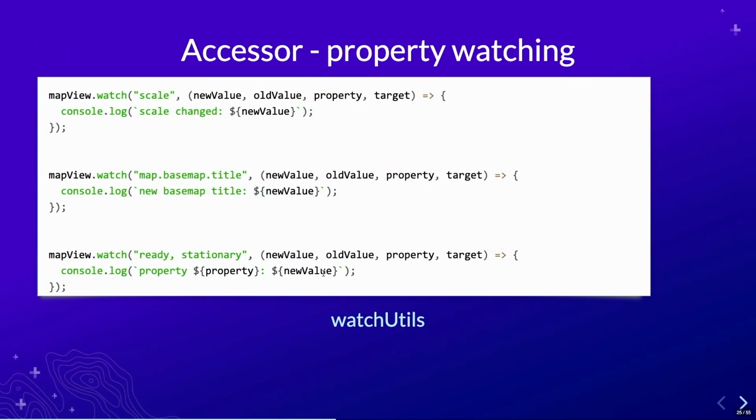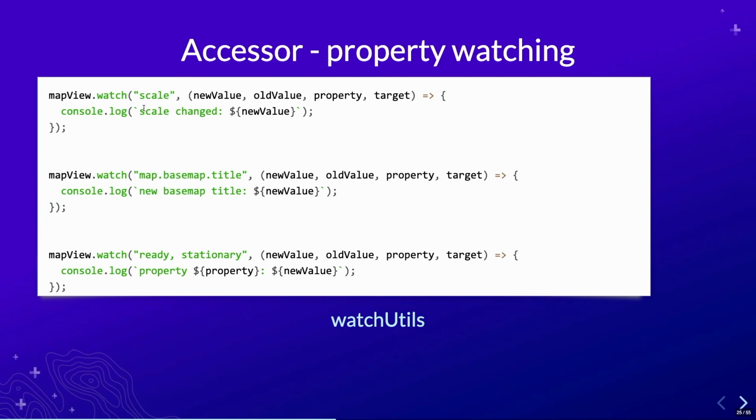Property watching. This is pretty much the key thing that you're going to use as a developer when you're working with the API, is that you're going to want to watch for property changes. This kind of replaces listening for events that happen in the API. So in this case here, I can watch for the scale property of my view to change.